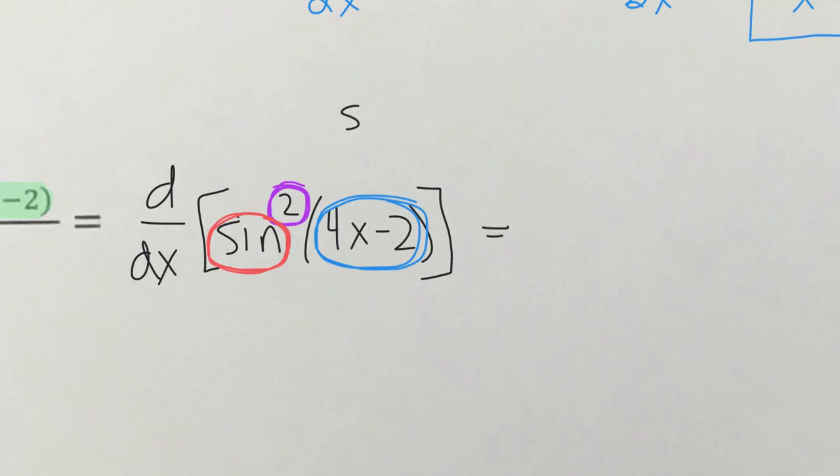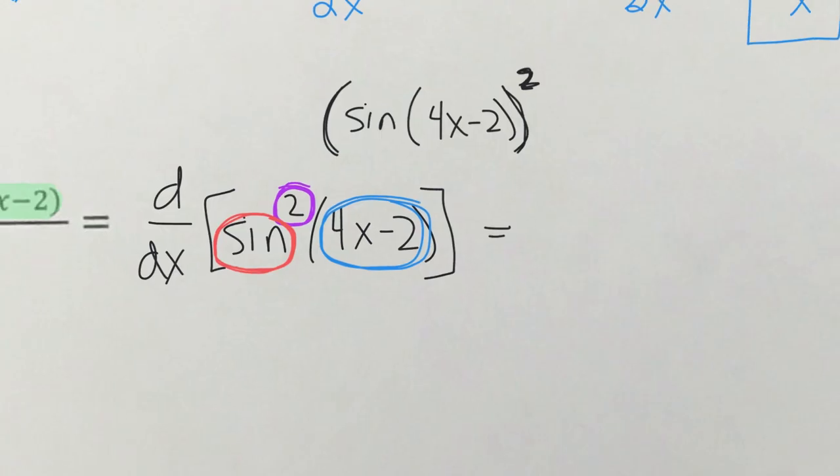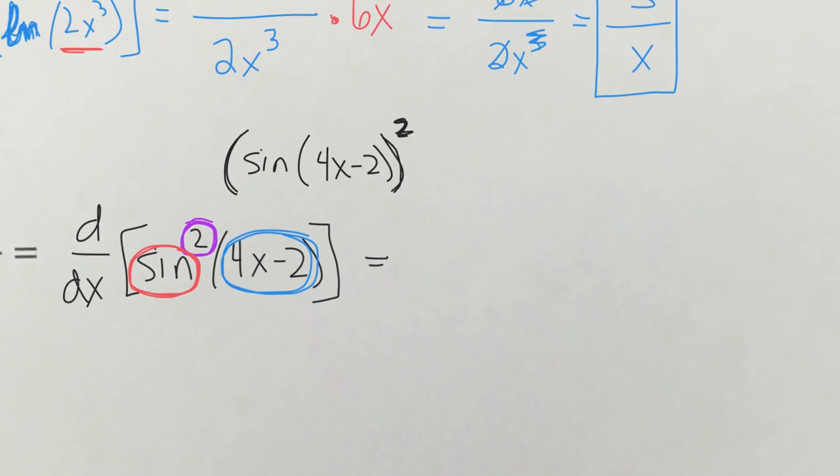Okay, so I've told my students that whenever we have a power on a trig, we can write the power on the very outside. So we put the whole entire trig thing into parentheses, and then we raise it to the second power. That's the same thing, right? It doesn't look as mathematically beautiful, but mathematically that is the same thing. So this is what we're going to take the derivatives of.